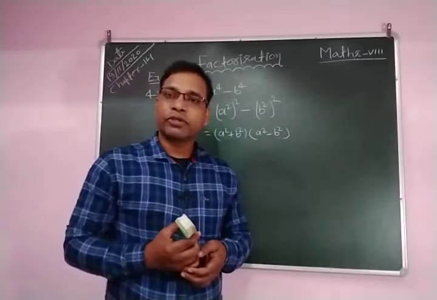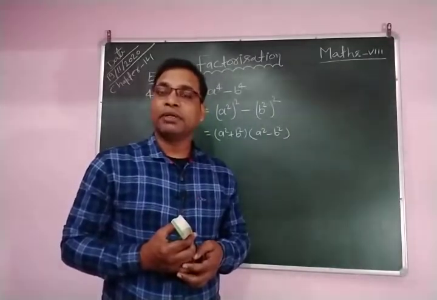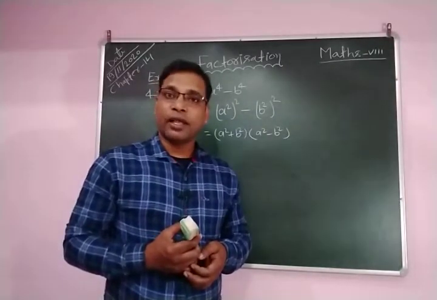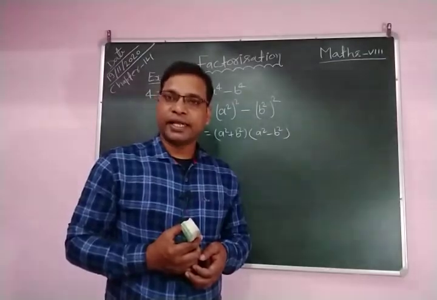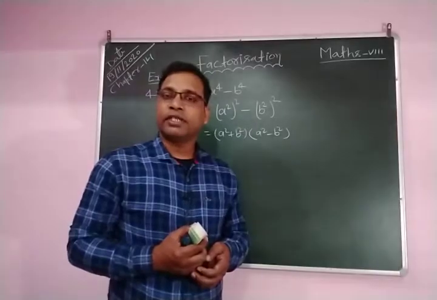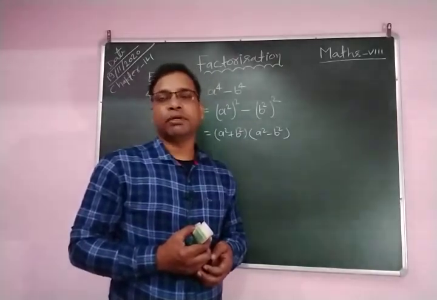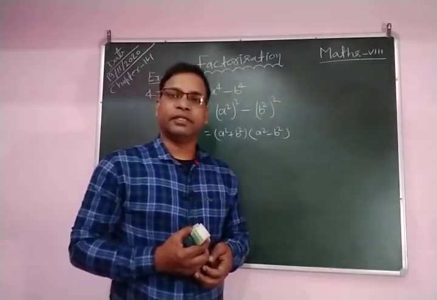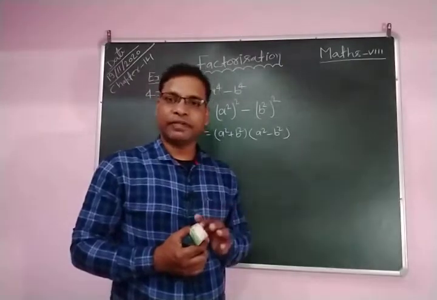We write a square plus b square as it is, because we can't find its factors. But a square minus b square we can factorize, because this is in the form of the third identity. What is the third identity? The third identity is that a difference of two squares is equal to the sum of the numbers into the difference of the numbers.